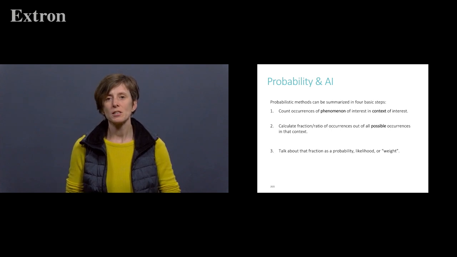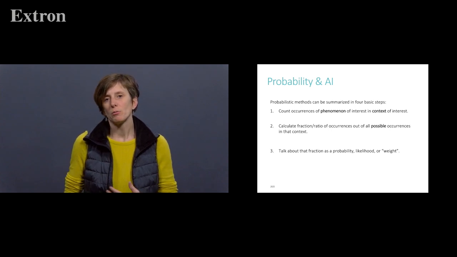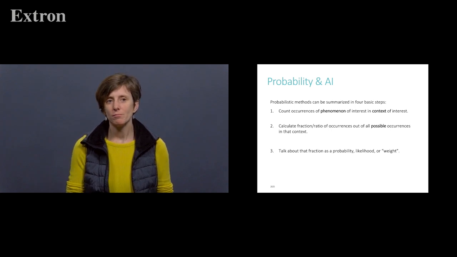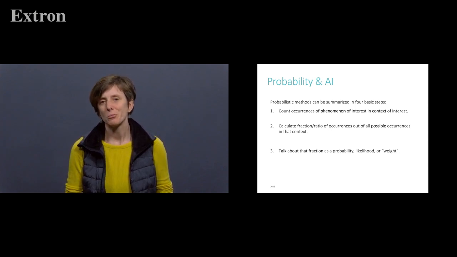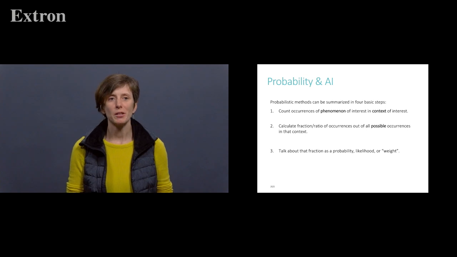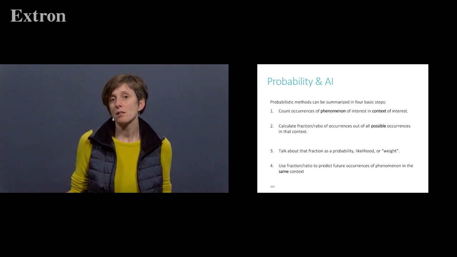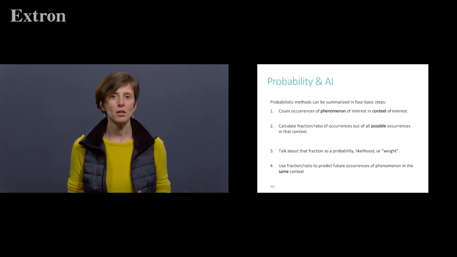Again, as far as this class is concerned, you really can think of them interchangeably. Weight happens when it's part of a bigger probability calculation. But for all intents and purposes, the fraction is a probability. So we talk about it as a probability, likelihood, weight. We turn it into one by just saying this is a probability. Before it was a count, now it's a probability.